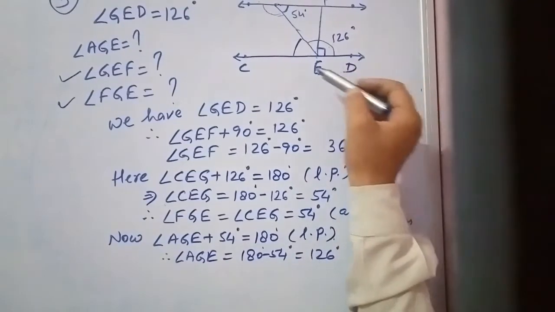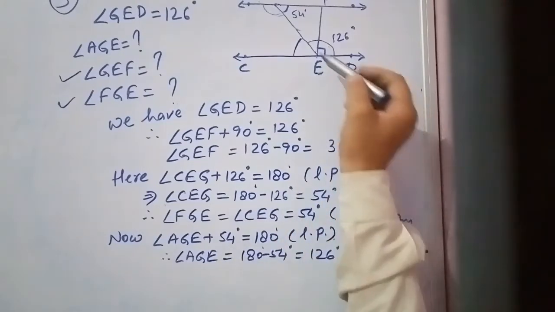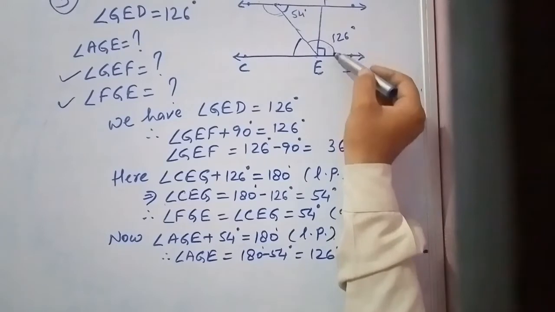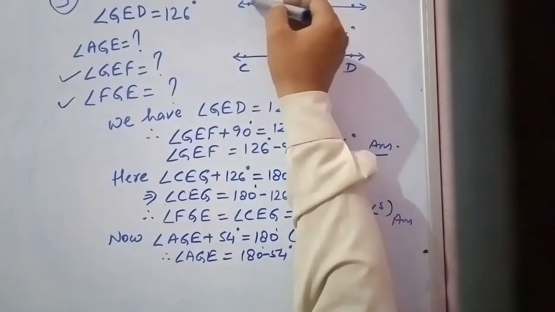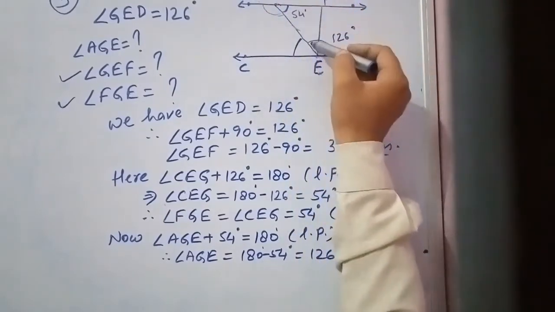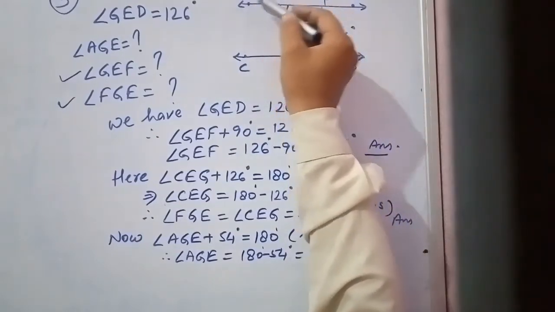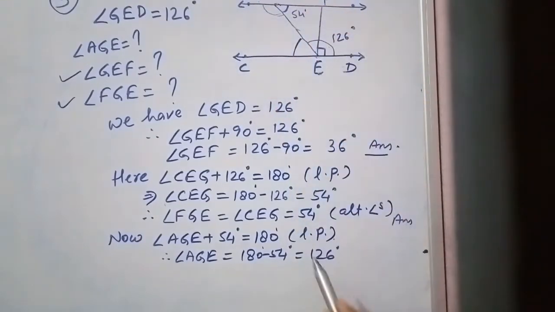You may write this answer AGE directly, as GED is 126 degrees and AGE equal to GED as alternate angles. So directly we may write angle AGE equal to 126 degrees.